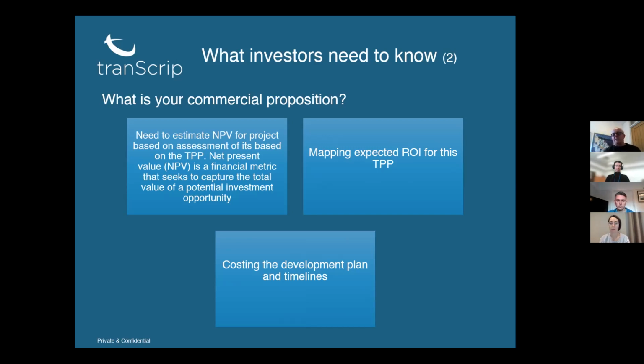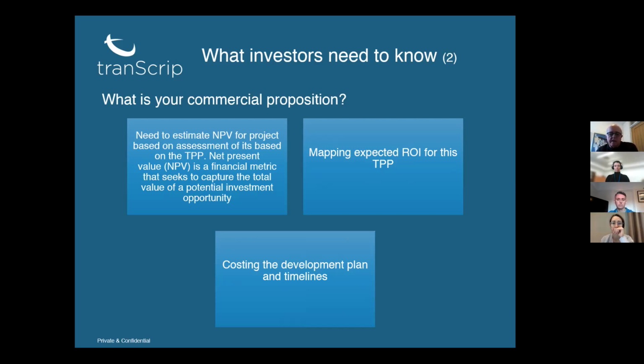Because if it's too expensive to get it to the TPP, it doesn't matter what the NPV is. If it's not a multiple of the investment cost, then nobody's going to invest in it. Very straightforward.